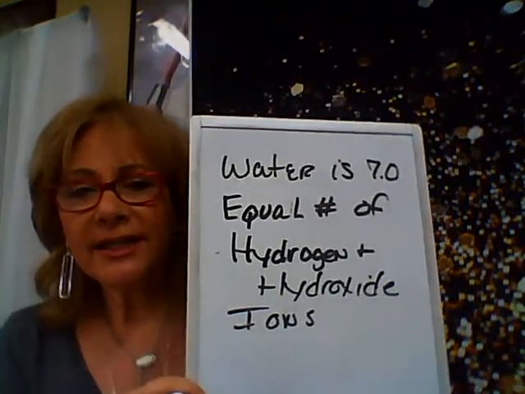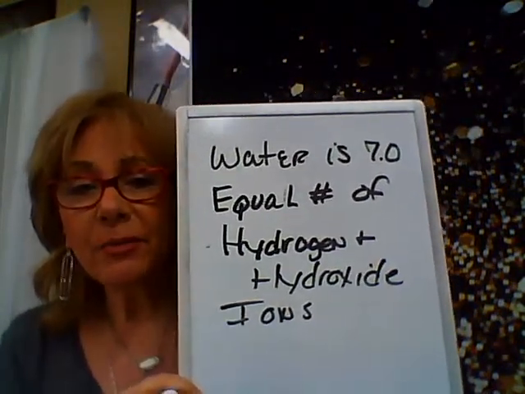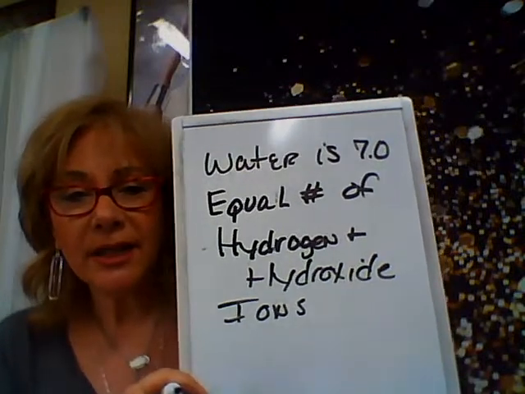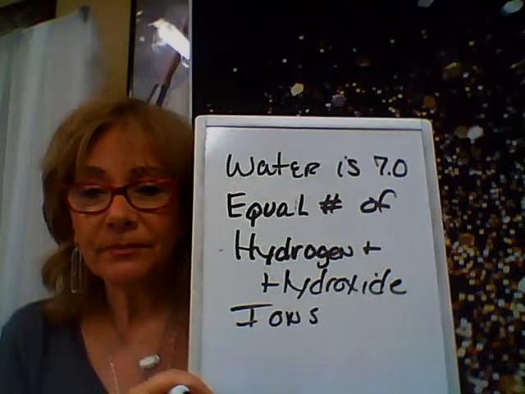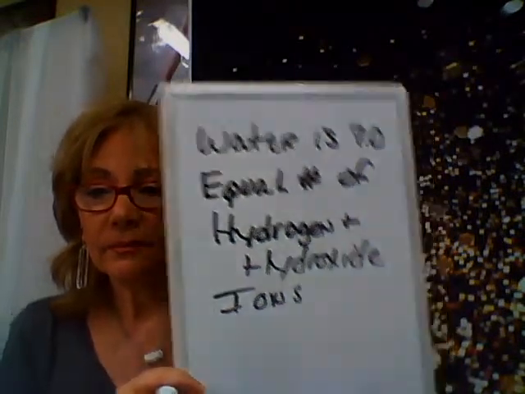Okay, let's get that on. Water is 7. It's equal number of hydrogen and hydroxide ions, equal. So write that down. Yeah, Stephanie, no need to panic, I promise. Equal. Water is equal in terms of hydrogen and hydroxide, okay?